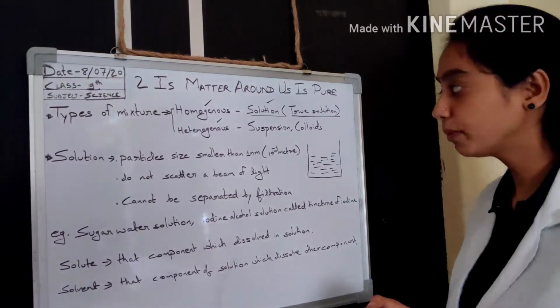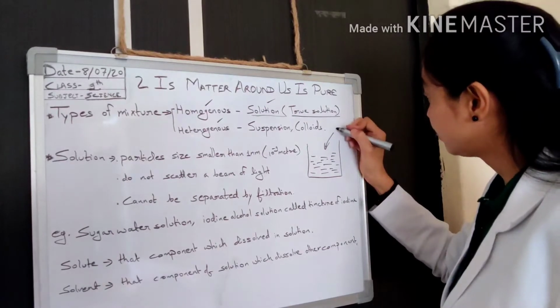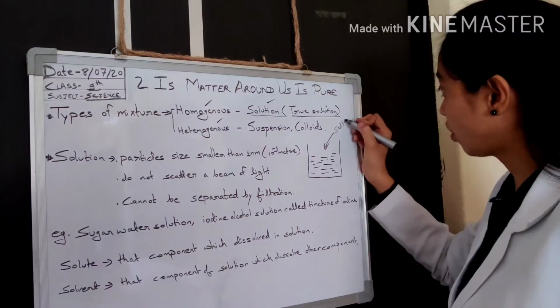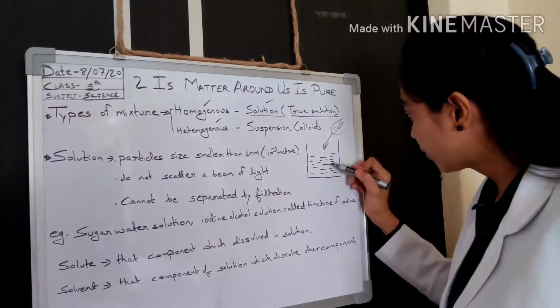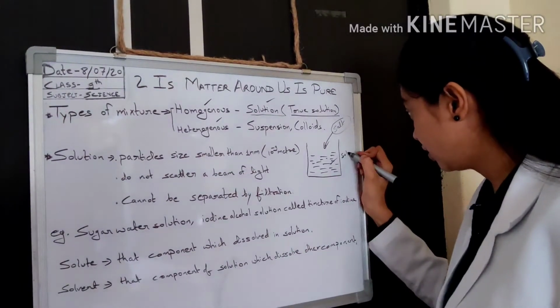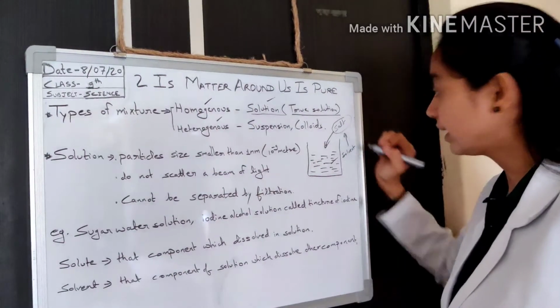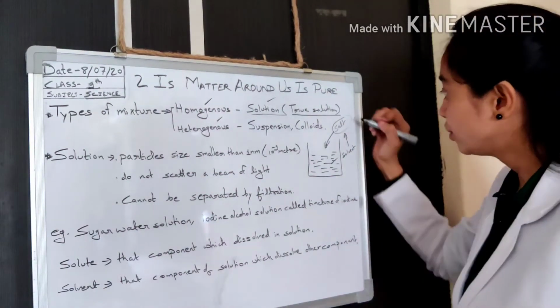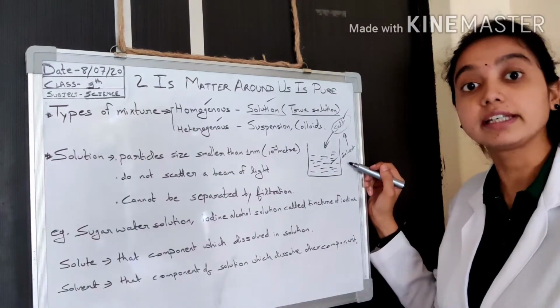What is the other component? Suppose I am adding salt here. So salt is the other component and the liquid is the solvent, because it dissolves salt in itself and the salt gets dissolved in the solution.